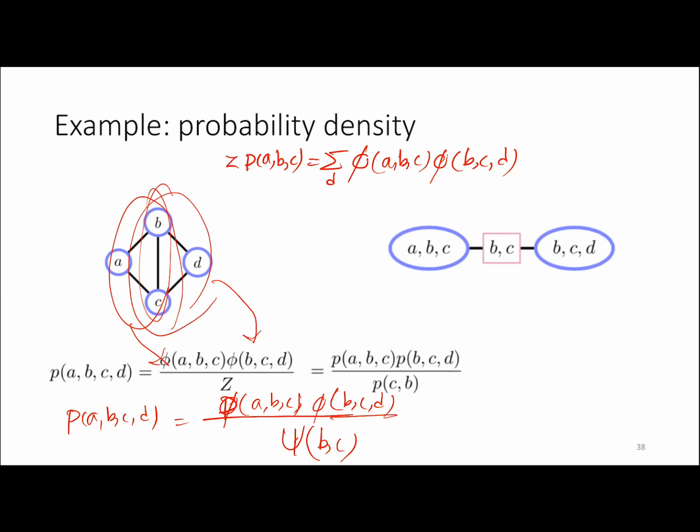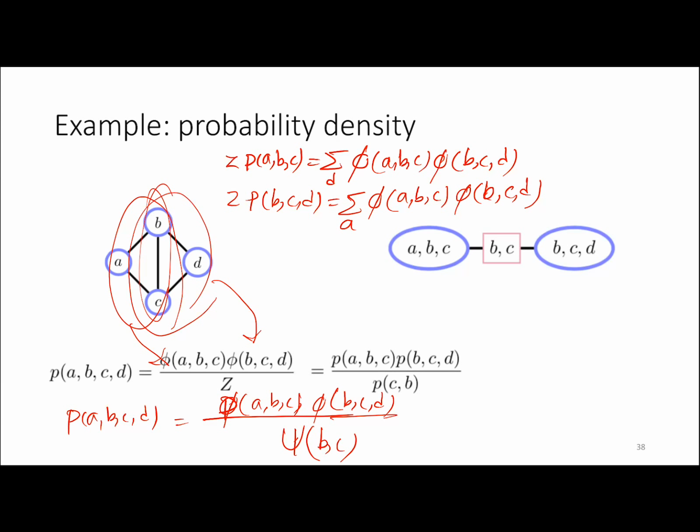And similarly for the other term. If I want to compute P(B, C, D), I have to sum over term A. It's clear so far? This by definition is correct.